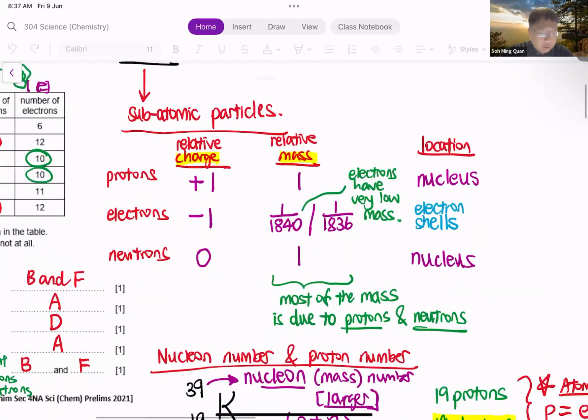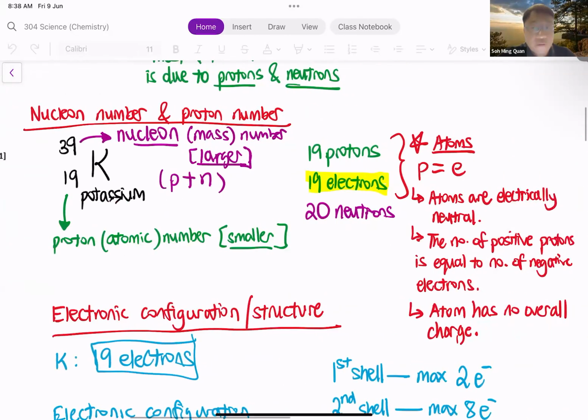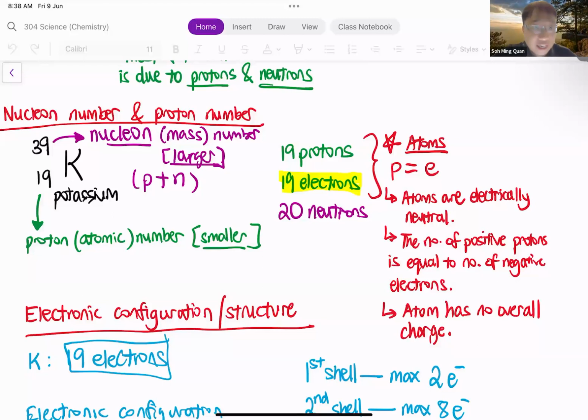Okay? Then we also went on to speak about how we can use the periodic table to get the proton number. And from the proton number, we know that for an atom, the number of electrons is equal to the number of protons. So in an atom, the number of electrons and the number of protons should be equal and the same.